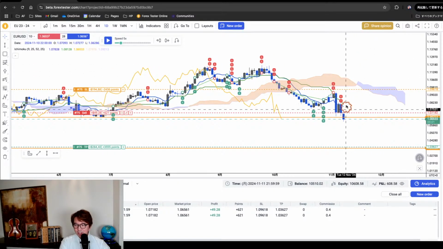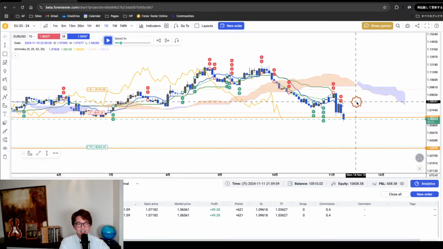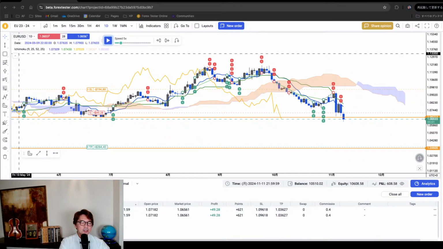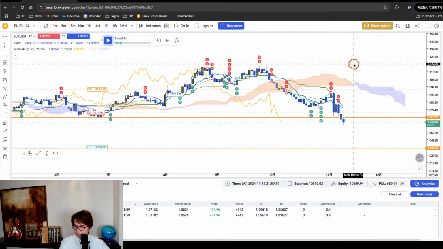The good thing about Forex tester is that you don't see the future market, so that you can do this as if you're looking at the live market. And you get the stats. Okay, now looks like a breakout happened. So that was good. All lines are now down. So this is seller's momentum. Good, good. Okay, so let me continue holding the trade. Let me move the bars one by one this way.